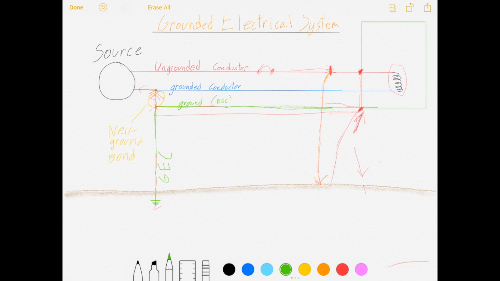Now, if you were to get rid of the neutral to ground bond, then if there was a fault, if this were to connect to the ground like we have here, then now there would be no current flowing and our overcurrent protection device would not trip. However, our grounded conductor, or the conductor that should have been our grounded conductor, now becomes live.